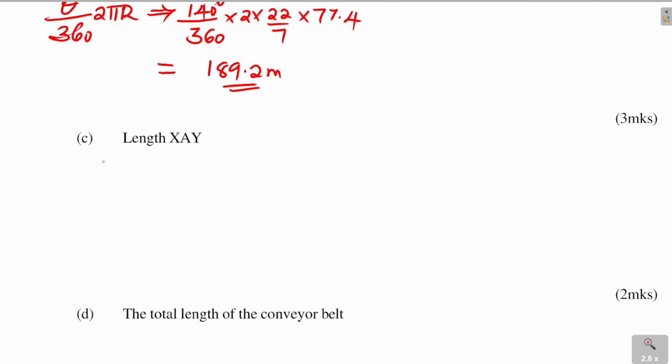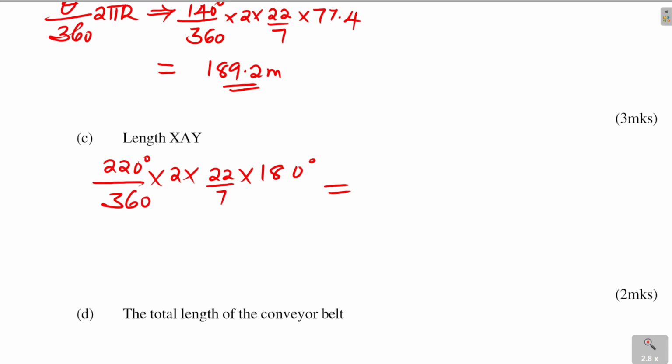So theta, which is 220, the angle at the center, divided by 360, multiplied by 2, multiplied by pi, multiplied by the radius. The radius is 180. Theta over 360 times 2 pi r.